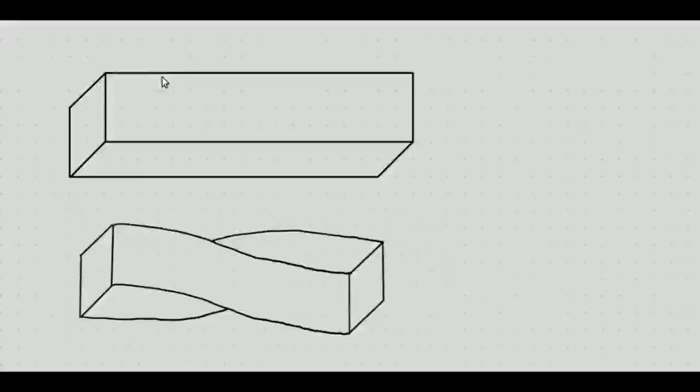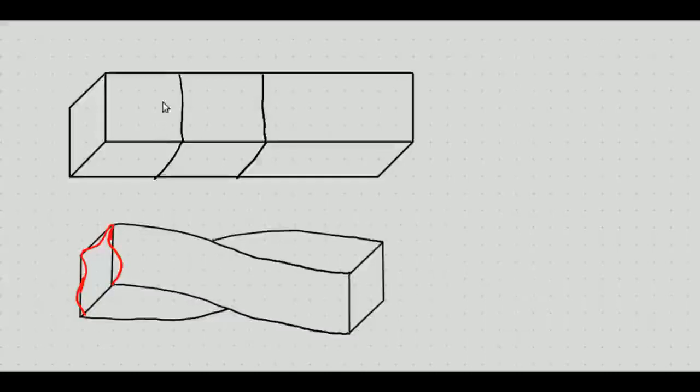If we take any of these end sections, we can find there is a distortion in the rectangular face. There are ridges and valleys on the rectangular faces.